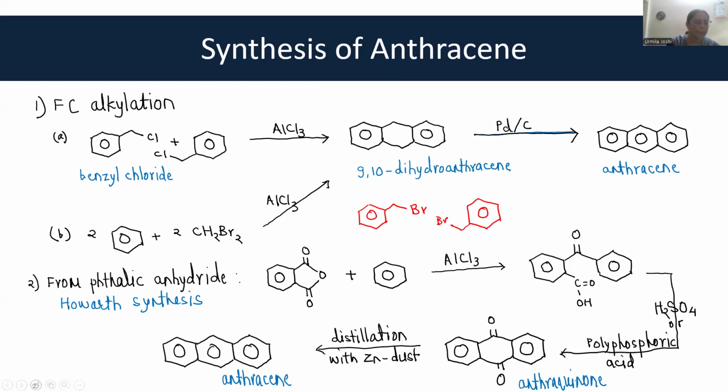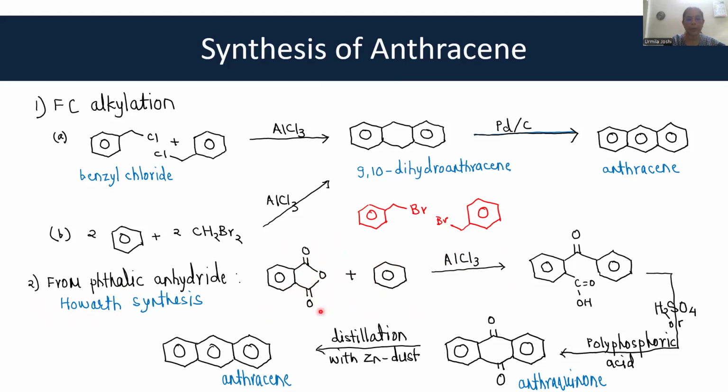Okay. Now coming to the second method of synthesis, and that is from phthalic anhydride. We had seen the method of synthesis from phthalic anhydride and from succinic anhydride for naphthalene. Okay. So similarly, this is a Haworth synthesis where benzene reacts with phthalic anhydride.